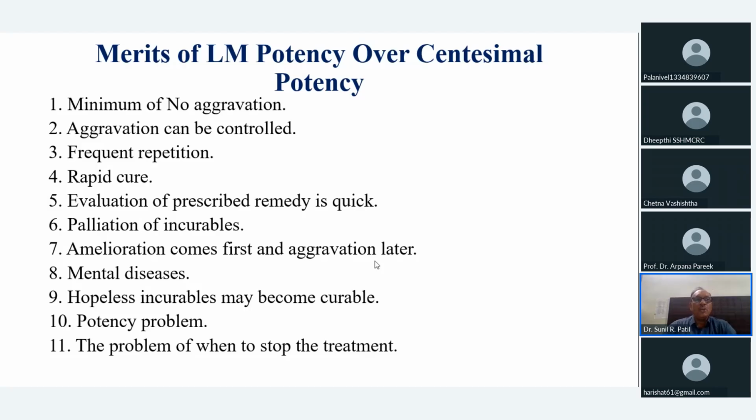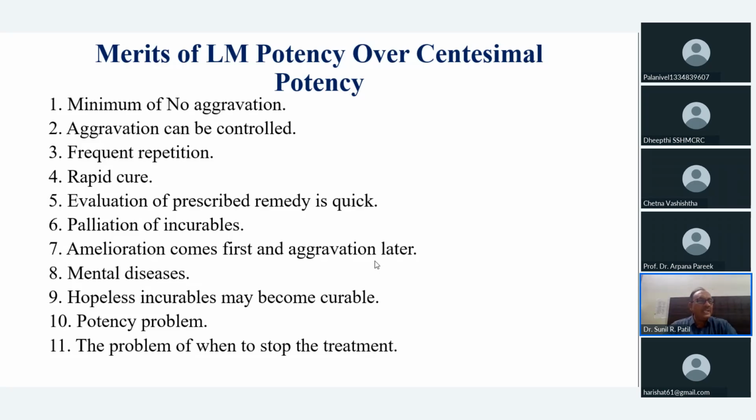The fifth one: the evolution of prescribing the remedy is very quick. In the centesimal scale, the evolution of the prescription takes a lot of time, but in the LM potency the evolution is very quick. The appropriateness of the prescribed homeopathic remedy can be judged in 2 or 4 days in cases of chronic diseases and in a few hours in acute disease.